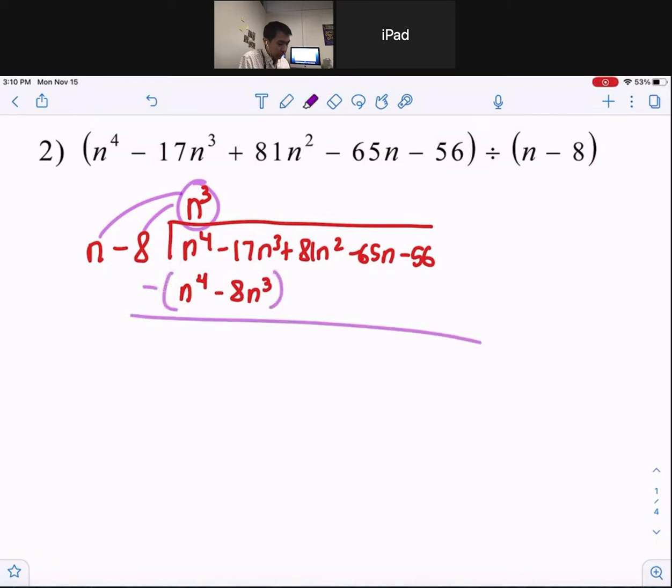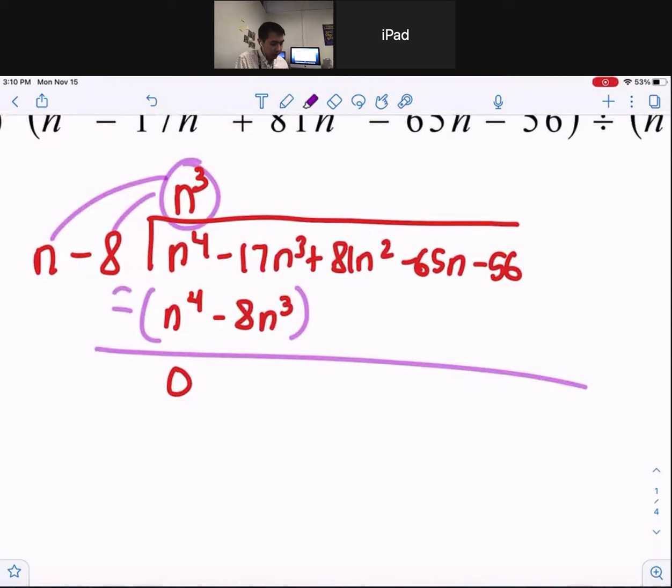You're going to subtract that from the top. N to the fourth minus n to the fourth, 0. Negative 17 minus negative 8n to the third. So this negative, when you multiply it to that negative, it's really a positive, right? So negative 17 plus 8, that's going to be negative 9n to the third.